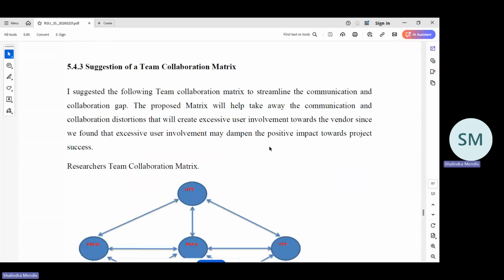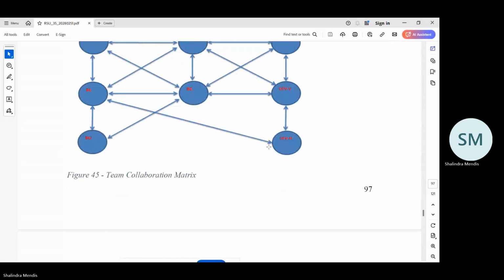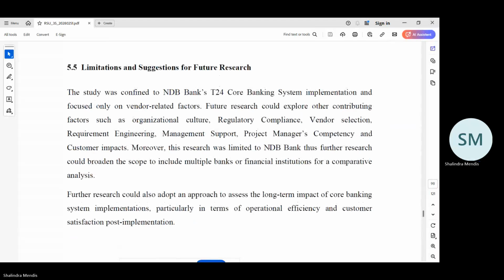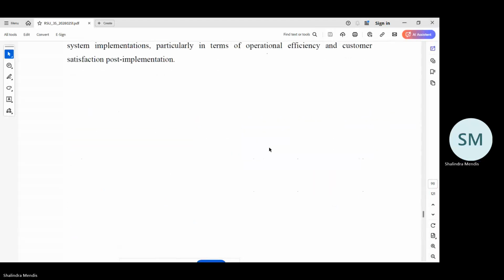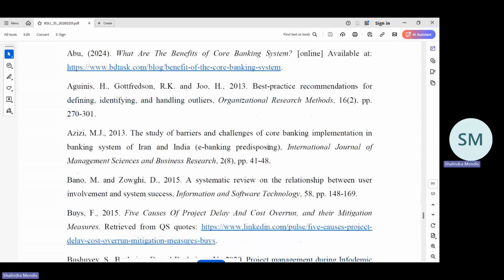Suggestion of a team collaboration matrix. Then limitation and suggestions for future research. List of references.